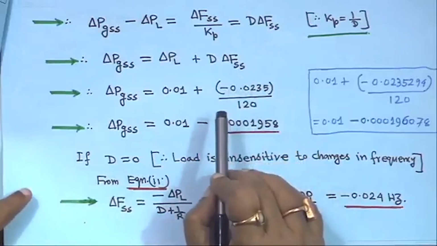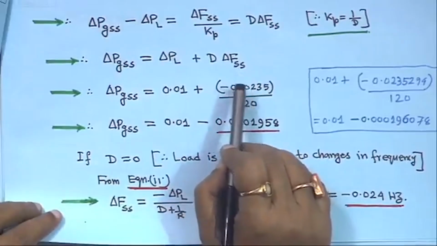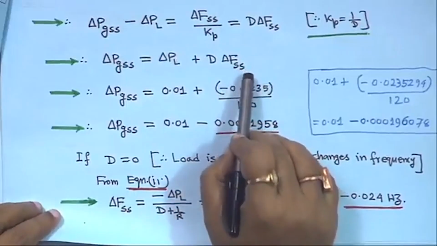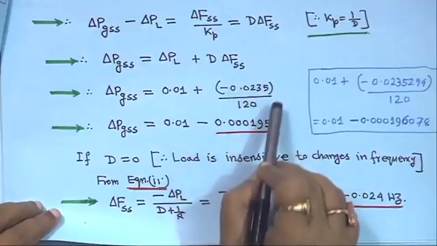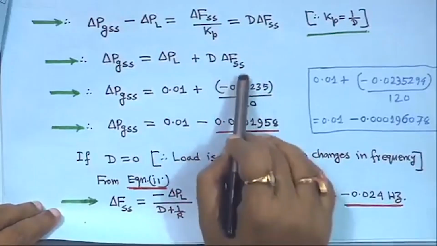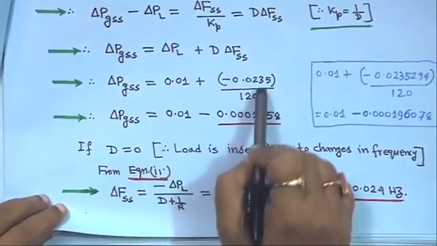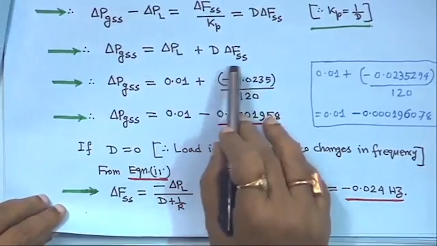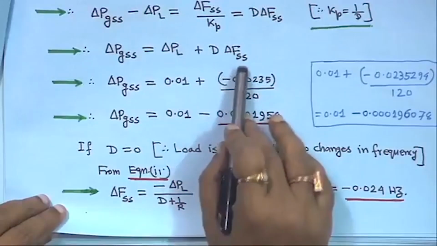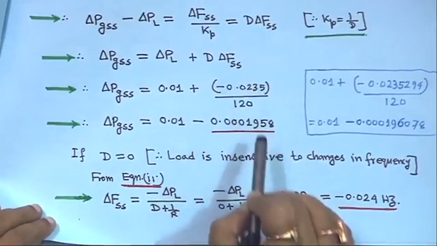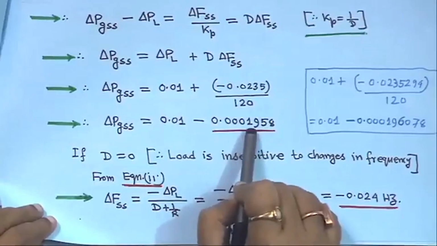So, frequency is not exactly at 60 hertz, it will be 60 minus 0.0235. Because of this frequency excursion, delta PGSS cannot be equal to 0.01, because the load is sensitive to the change in frequency. That is why this difference is there.